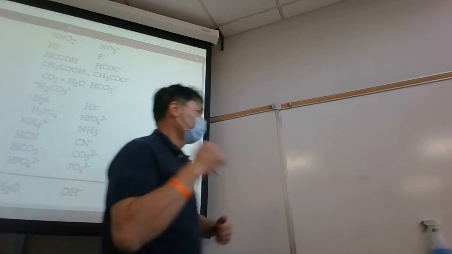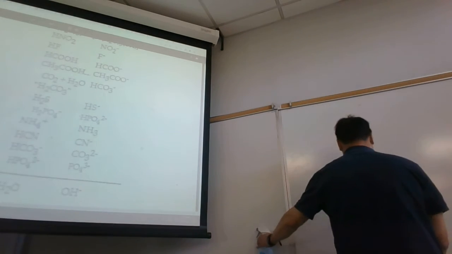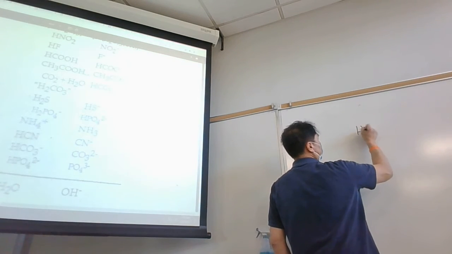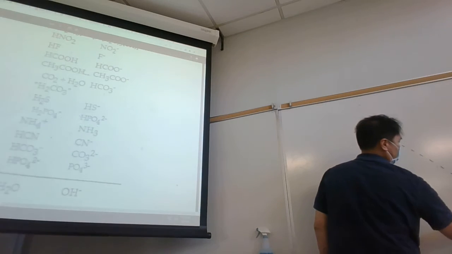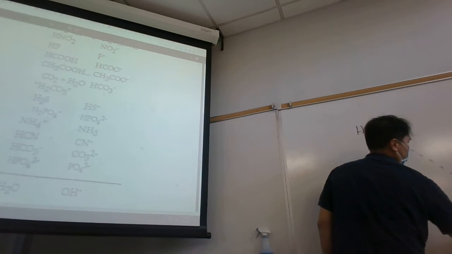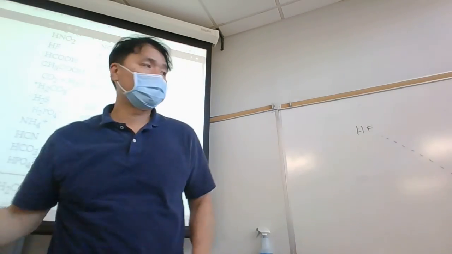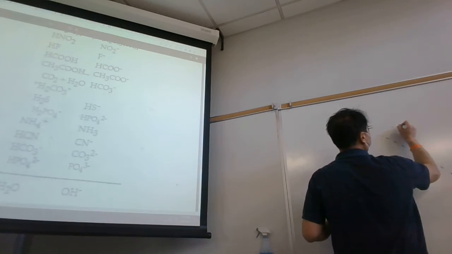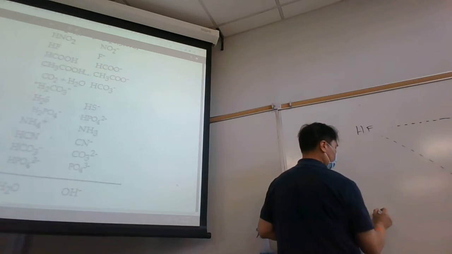And so what may happen is this. If we have HF reacting with hydroxide, then that's going to be a highly favorable reaction, and the products it produces will be fluoride and water.